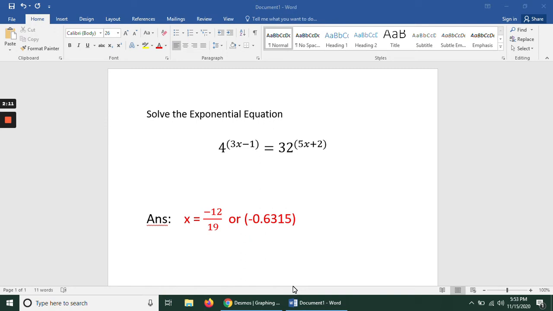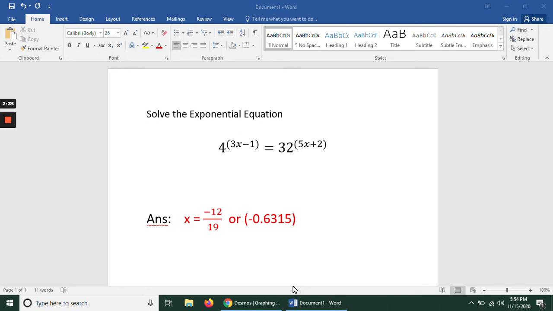Here is the simpler way. Before I continue, in the previous video, the solution that the teacher got in his presentation was x is equal to negative 12 over 19.